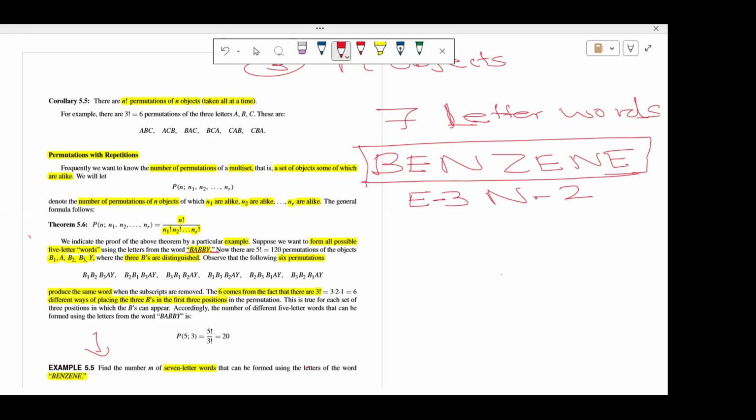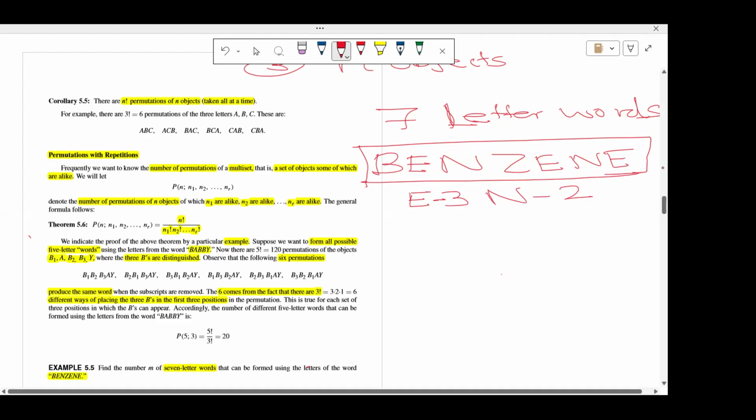So now, how can we find the answer? In the word benzene, we have 7 letters. They are telling you to use the letters of this word benzene to make 7 letter words.